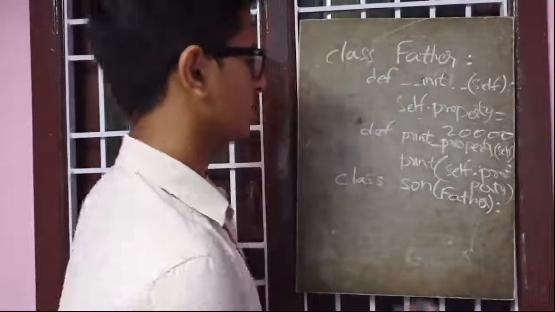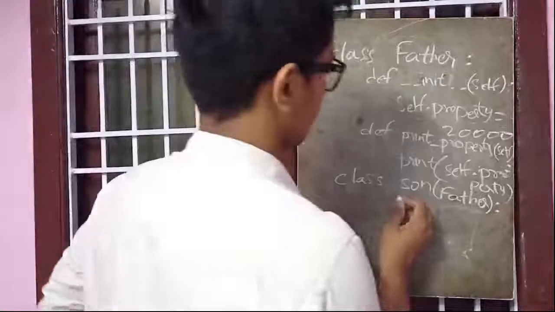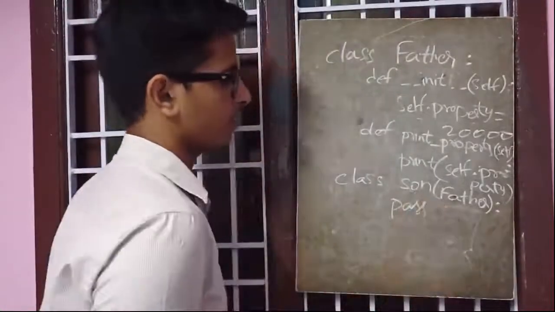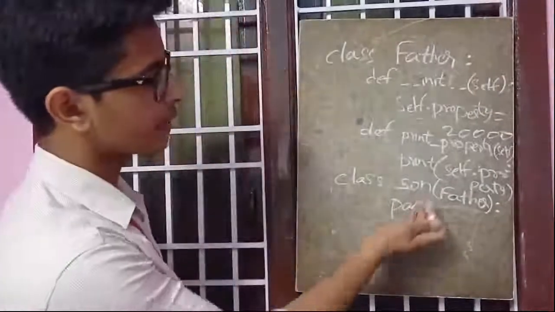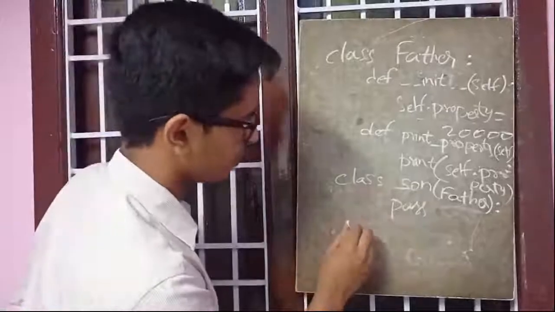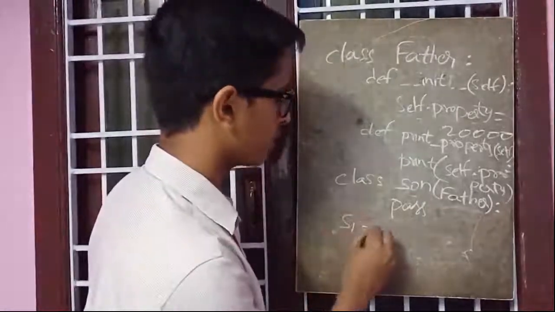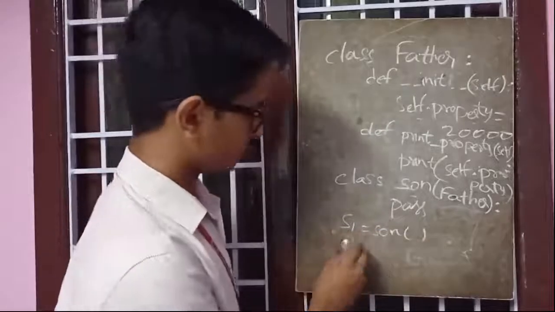So the father is a parent class and son is a child class. Let us assume there are no methods in the class son, and we can print the property of father using the class son. Let us declare an object for the class son, s1 equal to son. That means we have declared the object s1 for the class son.